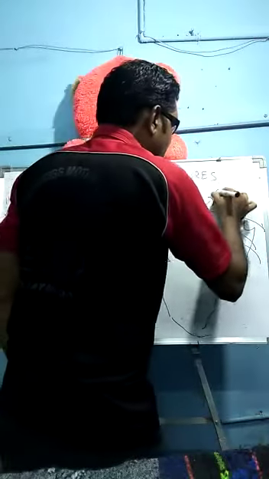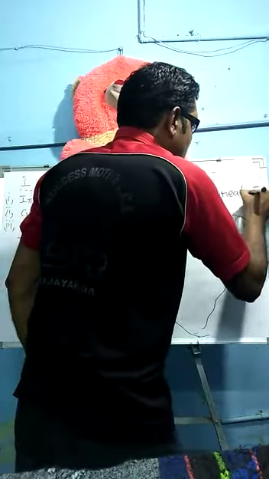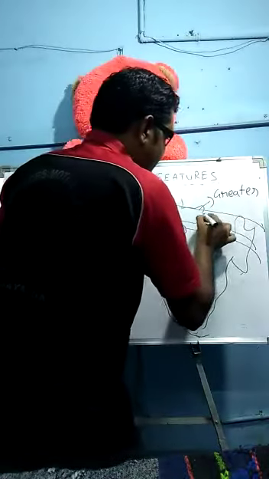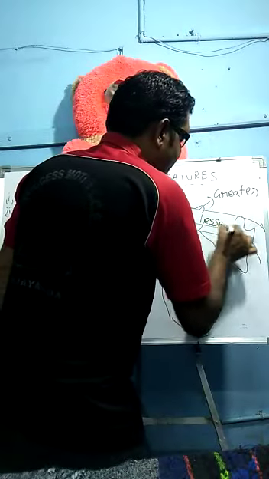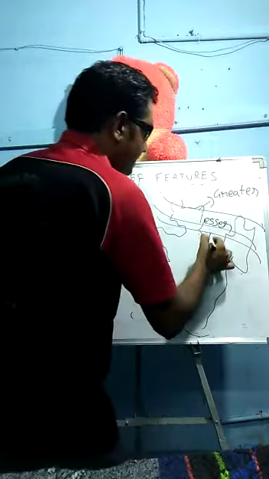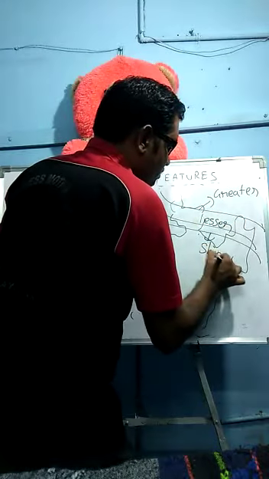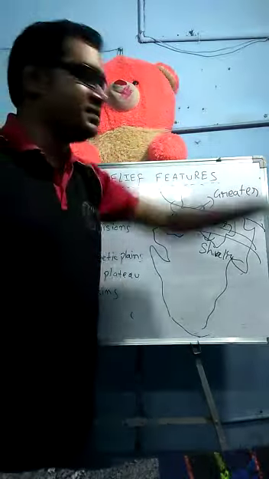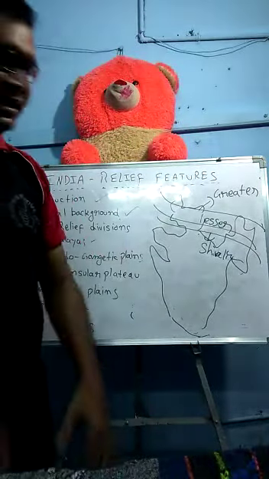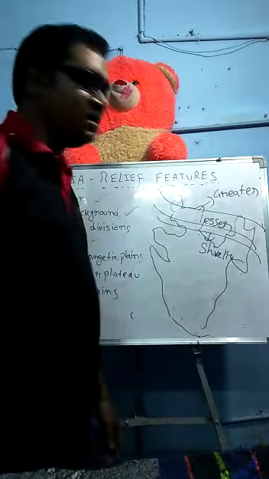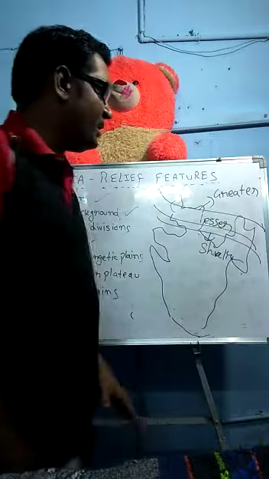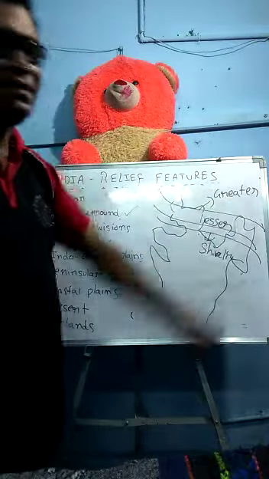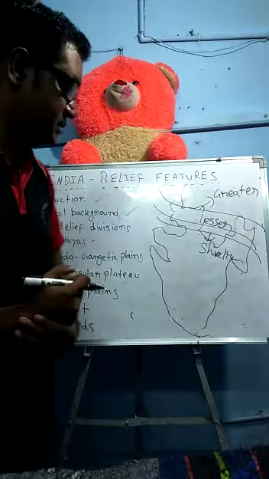First, the Greater Himalayas. Second, the Lesser Himalayas. Third, the Shivalik Himalayas. The Greater Himalayas' other name is Himadri. So the combination of the 3 we call the Himalayas.